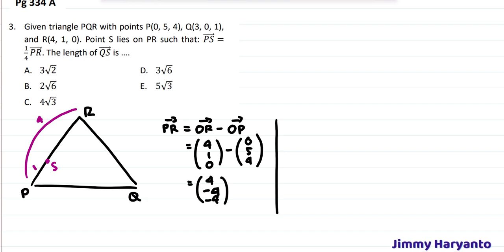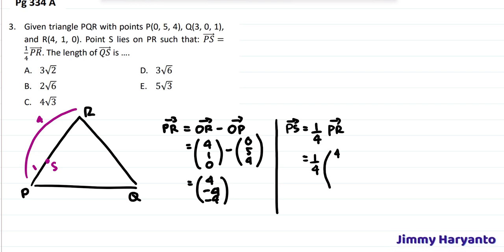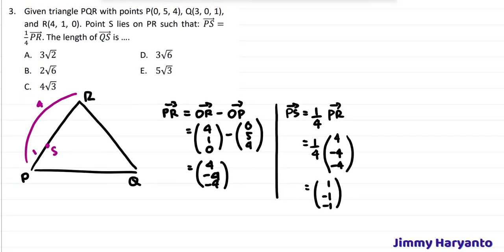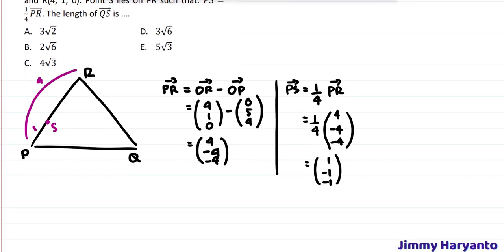And then from the PR, we can get PS. PS is 1 over 4 of PR. That means 1 over 4 times (4, negative 4, negative 4). You will have (1, negative 1, negative 1). Okay, that is PS.